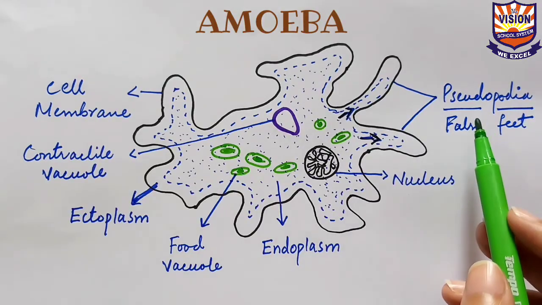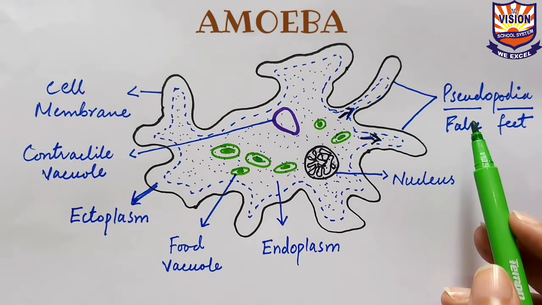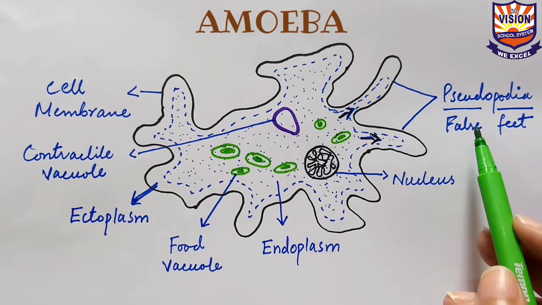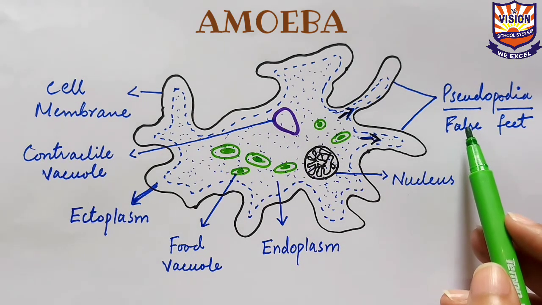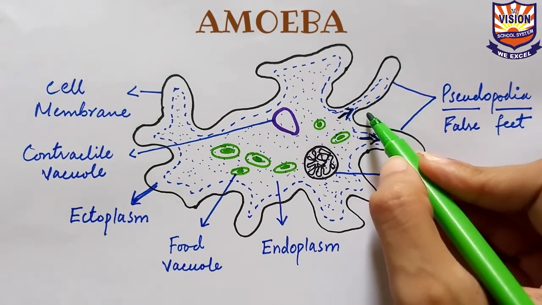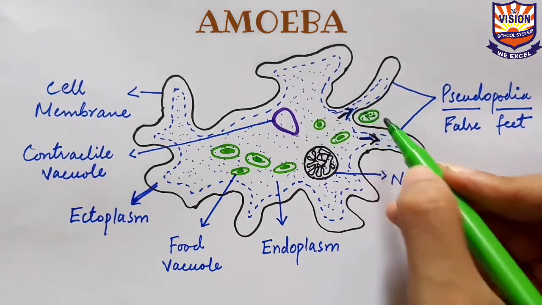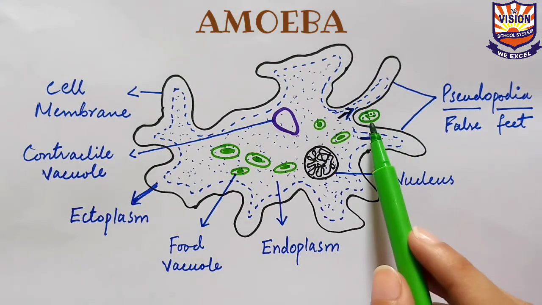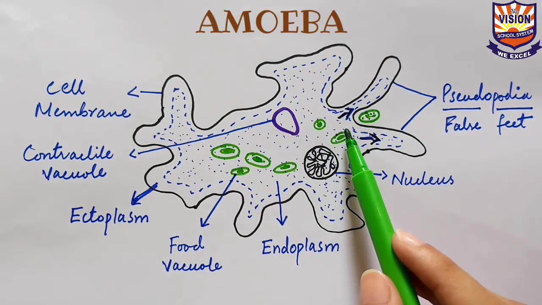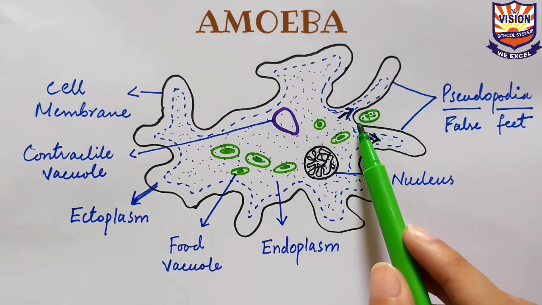The pseudopodia are also used to capture the food particle by the process of endocytosis. The word endocytosis is not new for you. The food particle, like for example this is the food particle, will enter into the amoeba by the process of endocytosis.